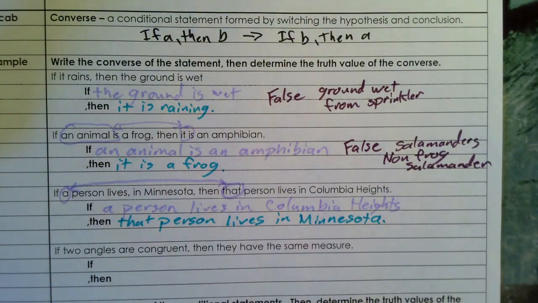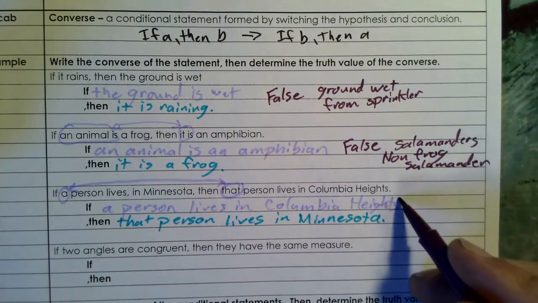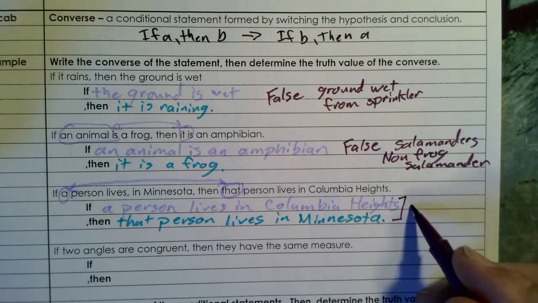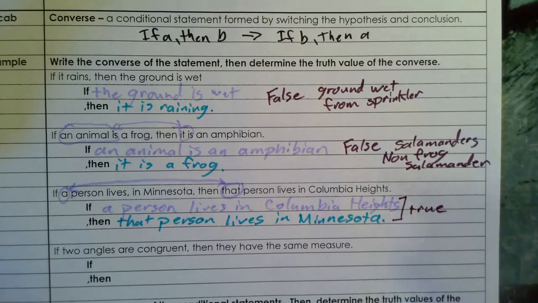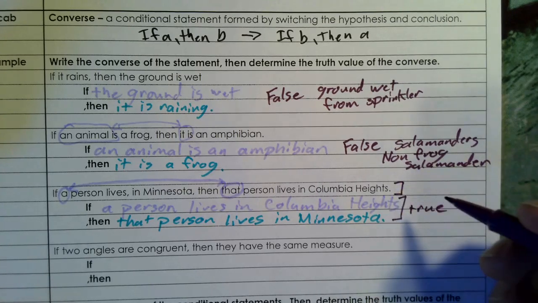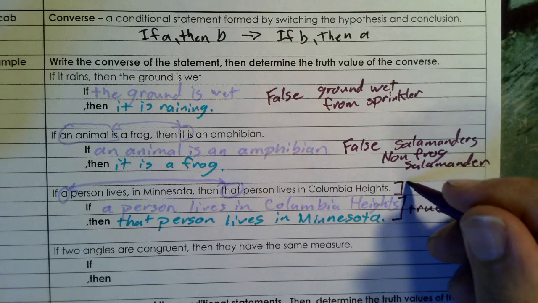Okay, so if we think about these two statements, our converse here, this part, that is true. Columbia Heights is in Minnesota, so that is definitely true. You live in Columbia Heights, you live in Minnesota. I live in Columbia Heights, I live in Minnesota. But there was a time where I didn't live in Columbia Heights, but I still lived in Minnesota.